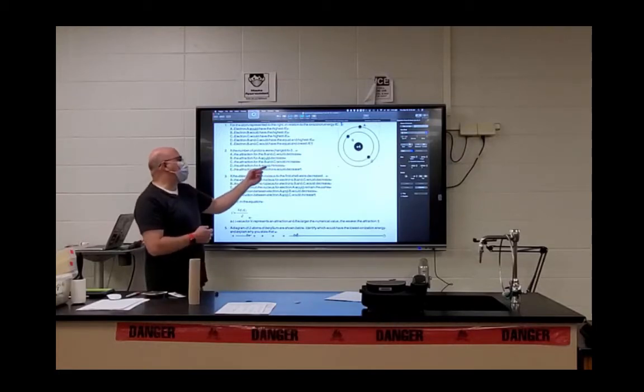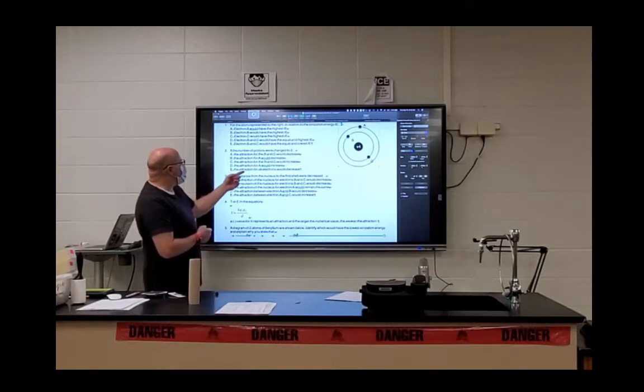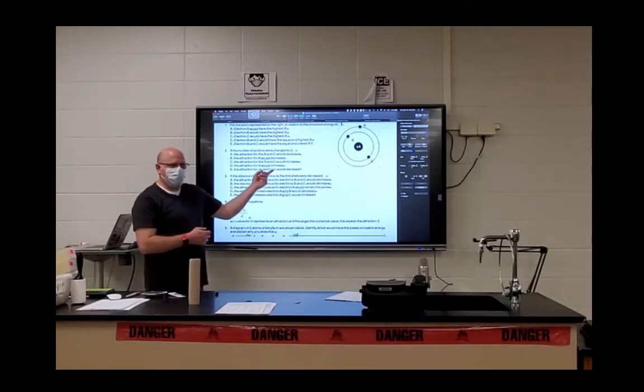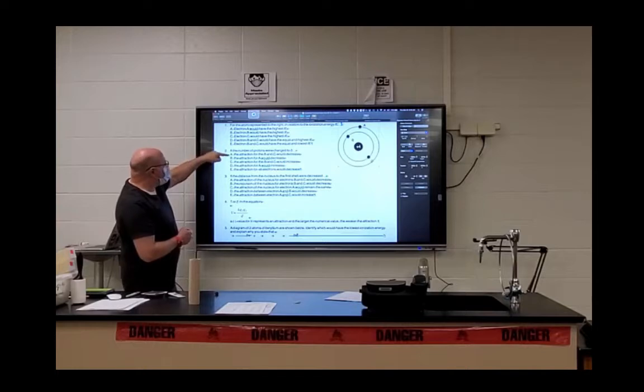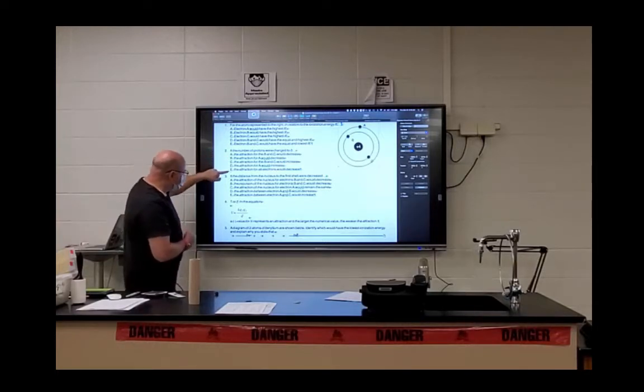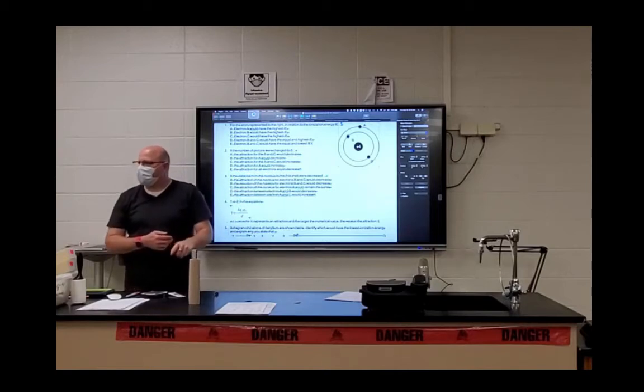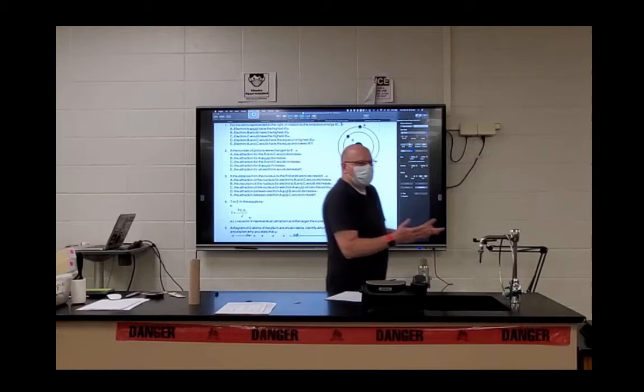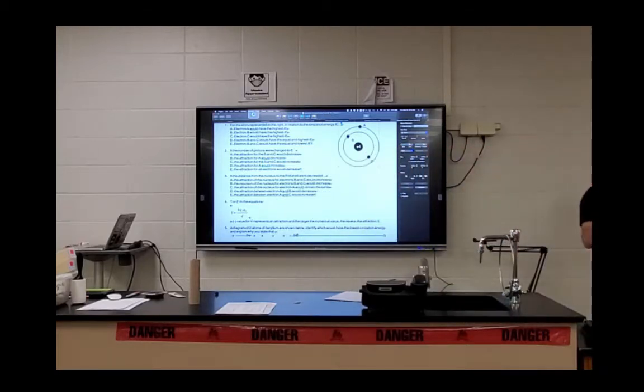Would the attraction of A increase? Would the attraction of all electrons decrease? So this and this and this is going to be correct, but this is more correct. Because it's not just affecting A and B, it's affecting C as well. All of the electrons are being affected if you change a nucleus.